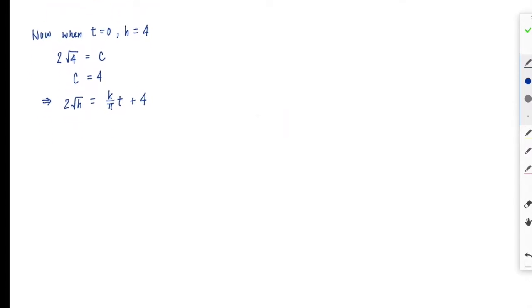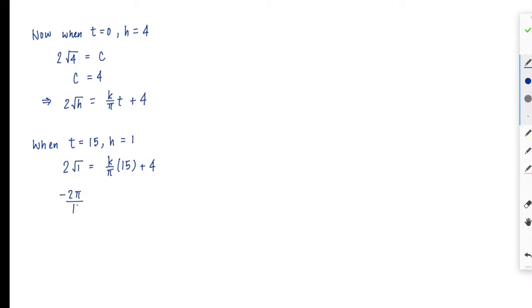Then we also know that after 15 minutes, when t is equal to 15, the height of the water was 1 meter. So plugging this in, I have 2 times square root of 1 equals k over pi times 15 plus 4, which gives me 2 minus 4, negative 2.